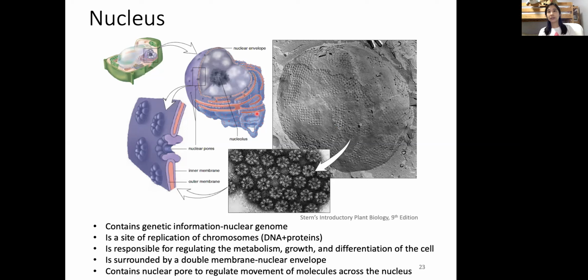It is surrounded by a membrane called nuclear envelope, and it contains nuclear pores that allow RNA, the products of DNA, to leave the nucleus.